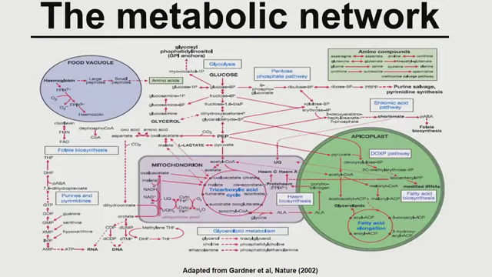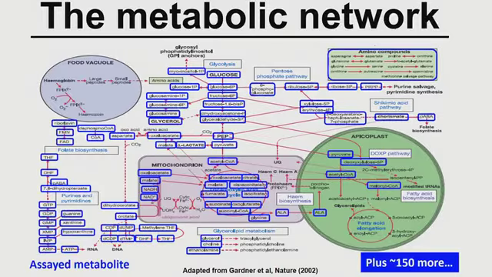Just to give you a sense of what we can capture, many of you have seen this type of depiction before. This is essentially a metabolic map of Plasmodium metabolism based on the genome from the original genome studies. And overlaid here are the metabolites that we measure in a single experiment from any given sample of Plasmodium parasites.